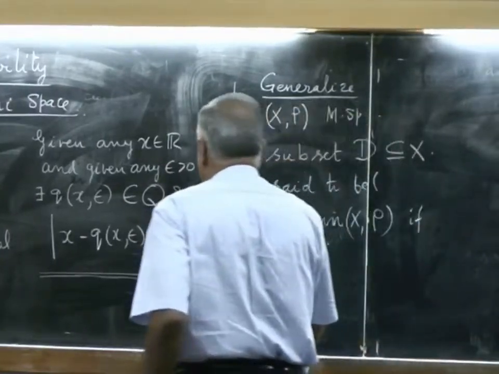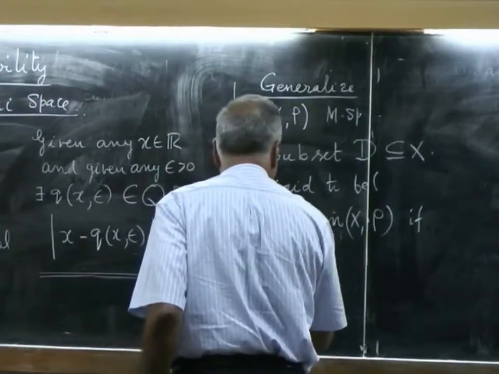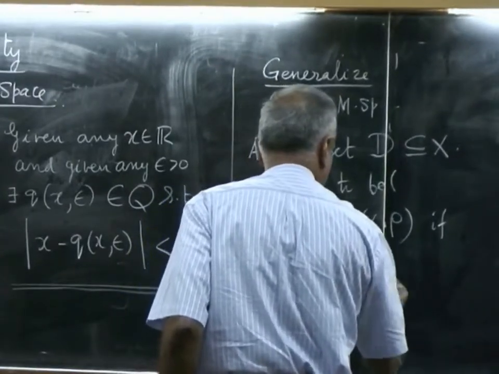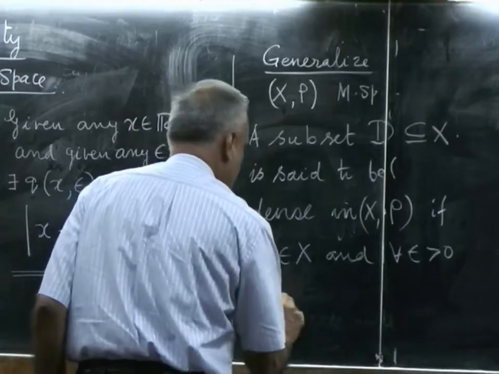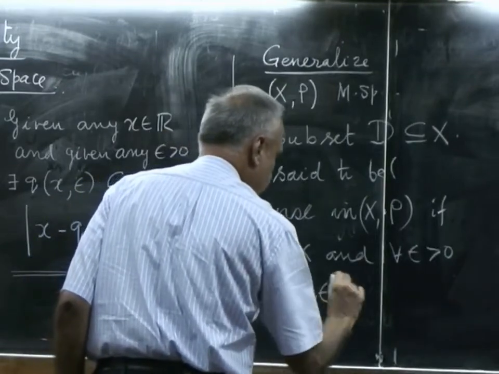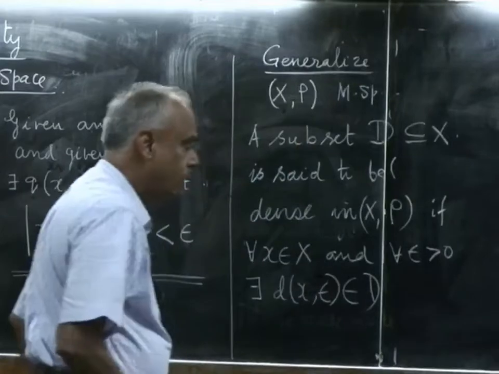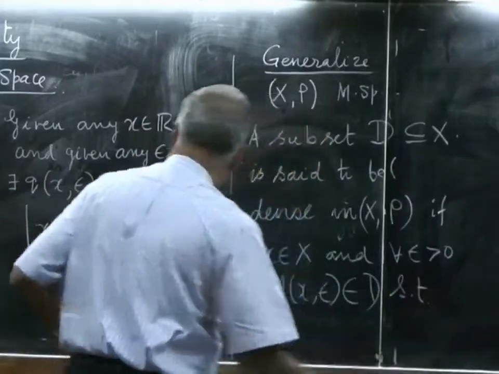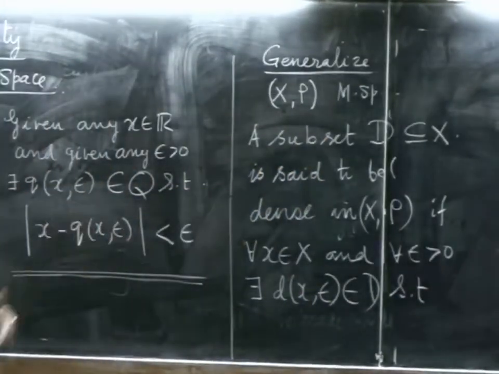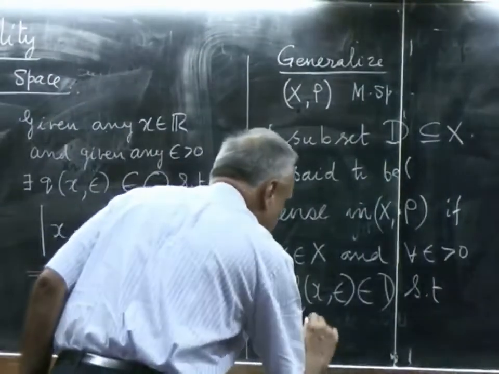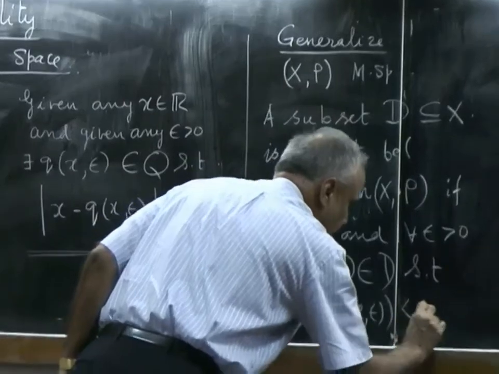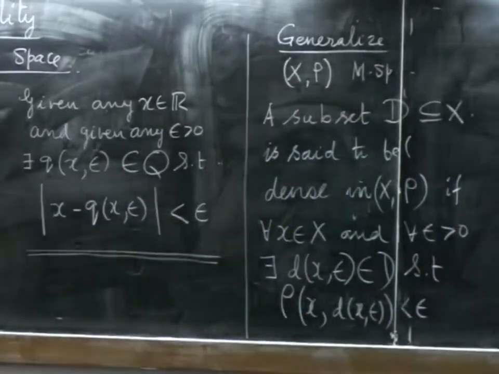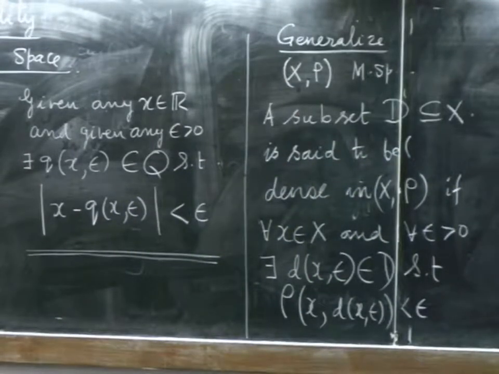So if for every x in X and for every epsilon positive there exists a d_x,epsilon in D such that now this modulus has to be replaced by the distance rho of x, d_x,epsilon is less than epsilon, then we call it a dense set.